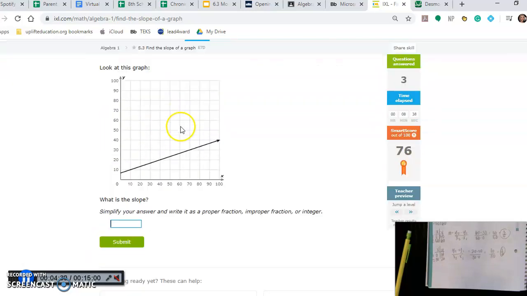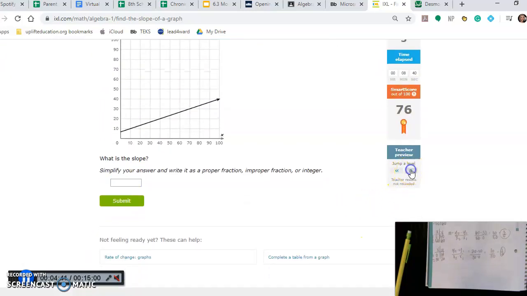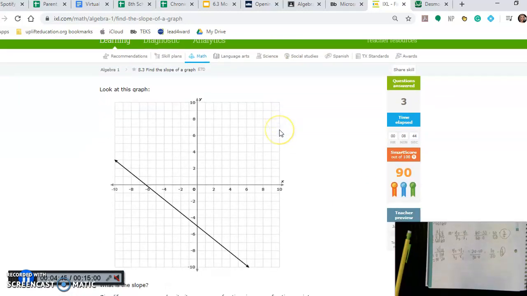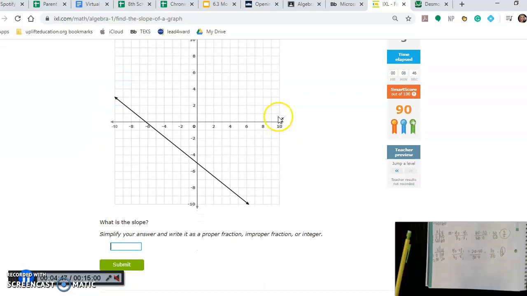I'll do one more with rise over run. This one's going to have a negative slope, first of all, because it's sloping downward. And if I have a perfectly matched point, it would be -5, -1, and then I've got 0, negative 5.